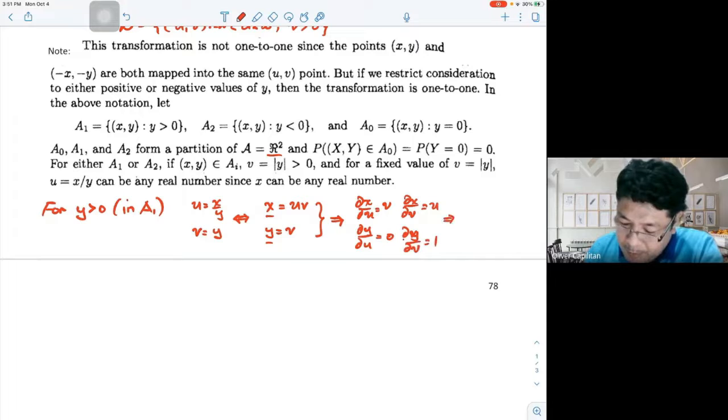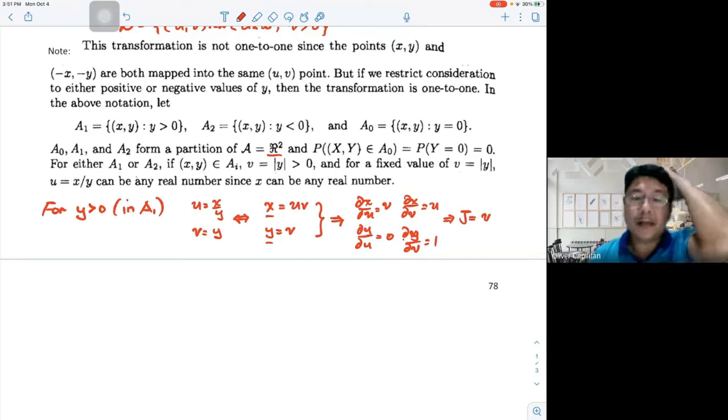And this would further imply that the Jacobian of our transformation is v times 1 minus u times 0, so the answer will be equal to v. Okay? Straightforward?